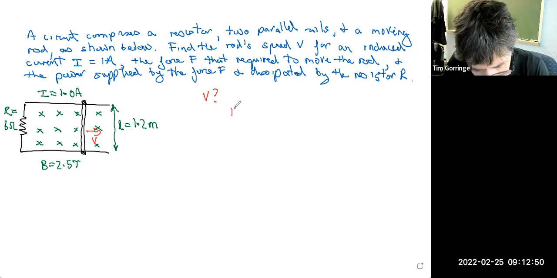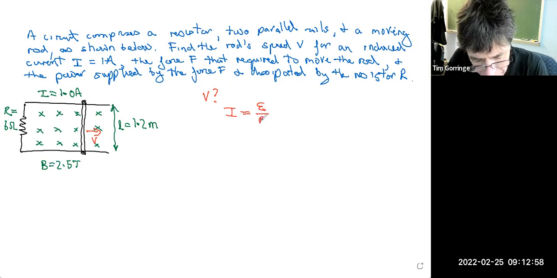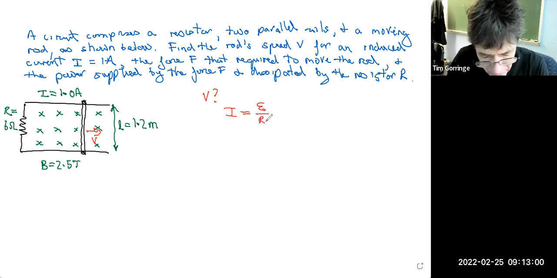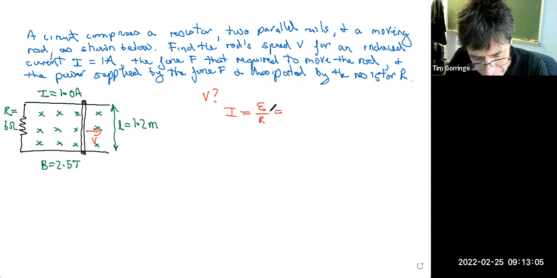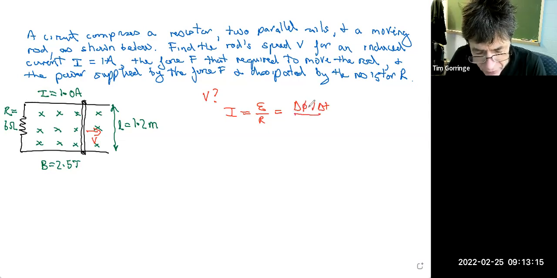So I, the induced current, is going to be, by Ohm's law, the induced EMF divided by the resistance of the resistor. In turn, by Faraday's law, that induced EMF is the rate of change of the magnetic flux through the circuit, delta phi over delta t, the change in flux divided by the change in time.